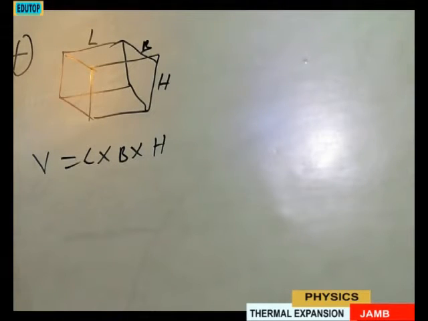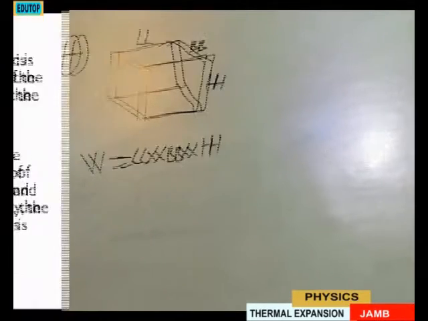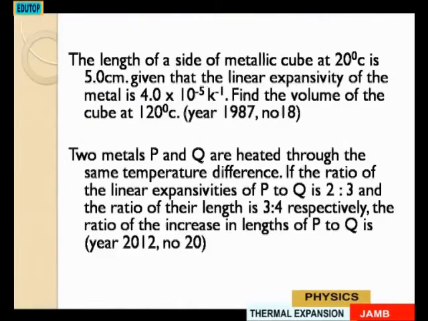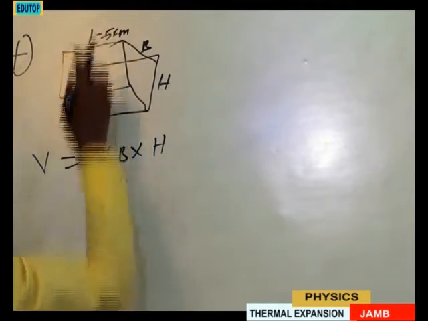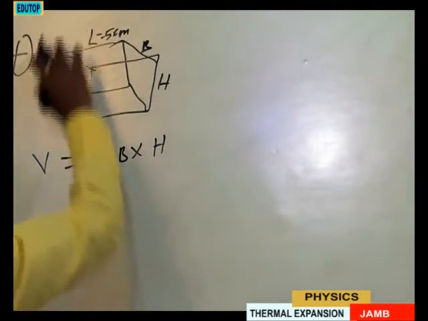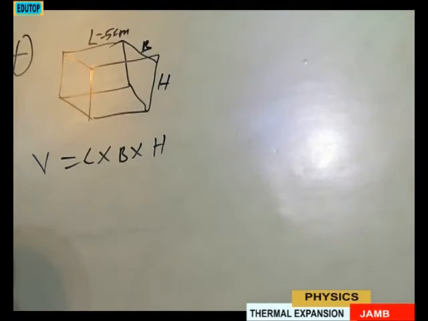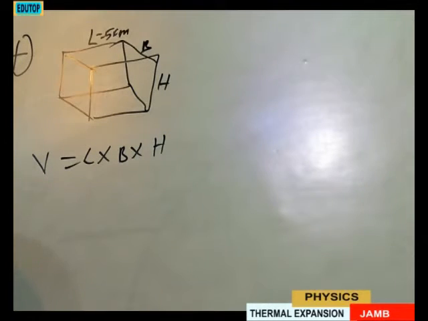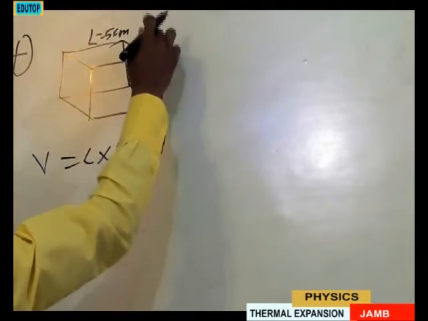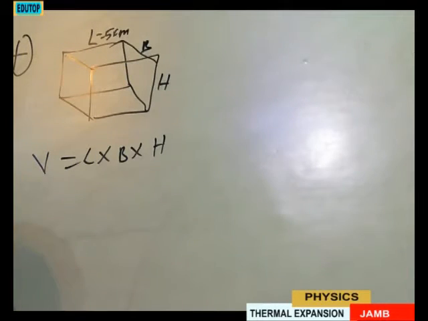The length of that cube is 5 centimeters. We are given one side, 5 centimeters. And once one side is given, automatically the other sides have been given, because a cube has the same length of side. Length is equal to breadth is equal to height for a cube.